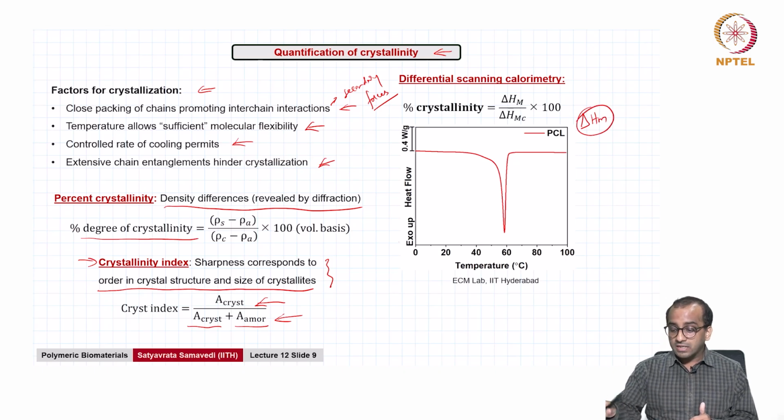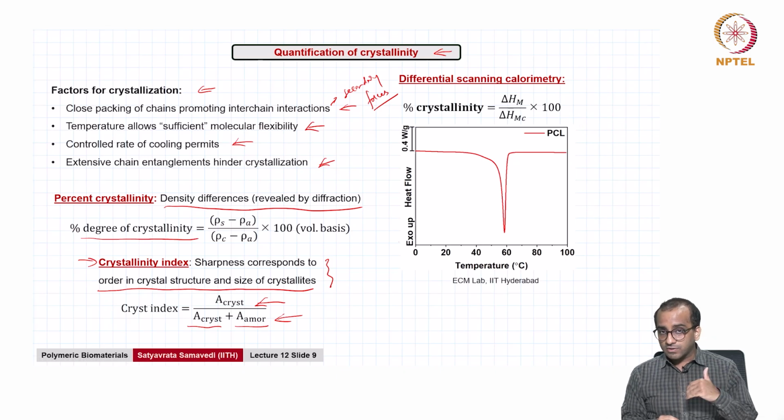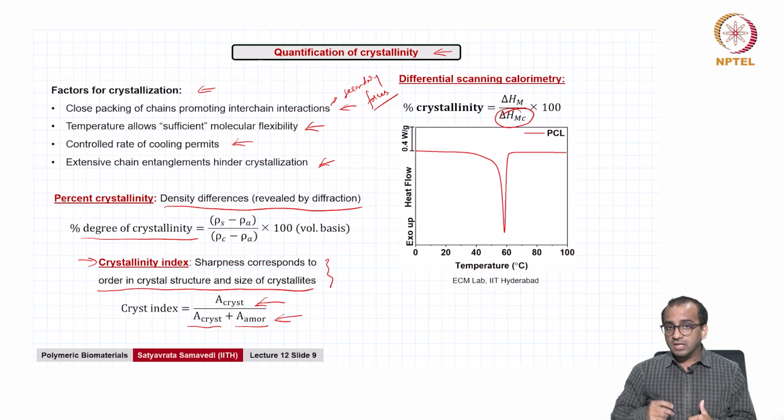So, percent crystallinity here can be obtained by looking at the area under the curve for the melting enthalpy and dividing that over the melting enthalpy for a 100% pure crystalline polymer of the same sample, which can be obtained from the literature or handbooks.